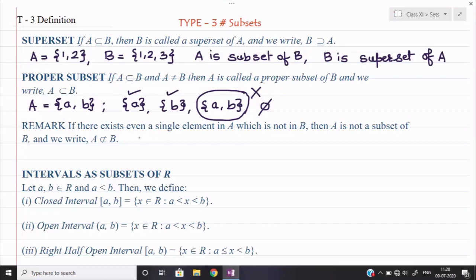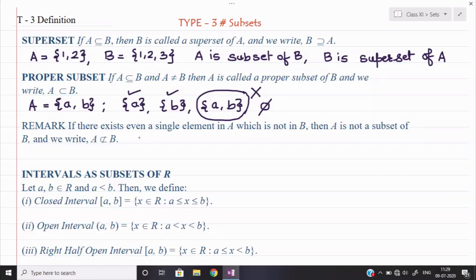We can say for each and every set, whatever subsets you are listing out, every subset is proper except the subset you are writing as the set itself. So if the set itself is mentioned as a subset, that will not be a proper subset. Remaining all will be proper subsets.